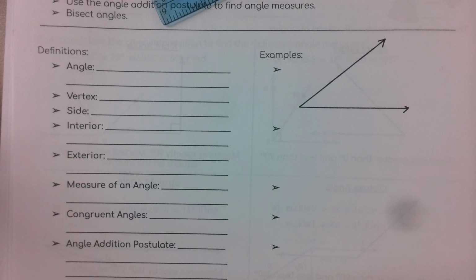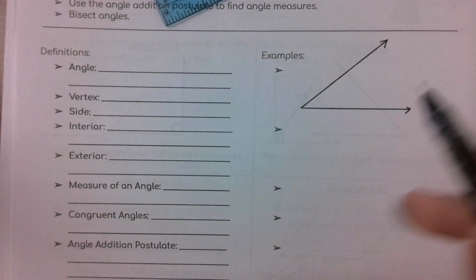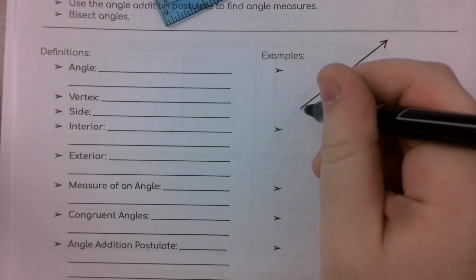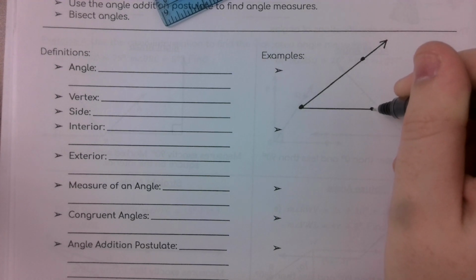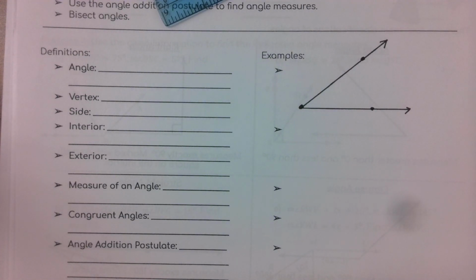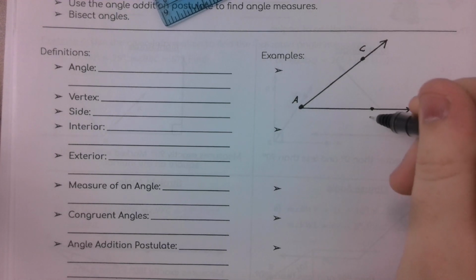So what really makes up an angle? Well, an angle is made up of two different rays. You see that there's a ray that goes up here, and we've got a ray that goes through here. I will label these points C, A, and B, for instance.